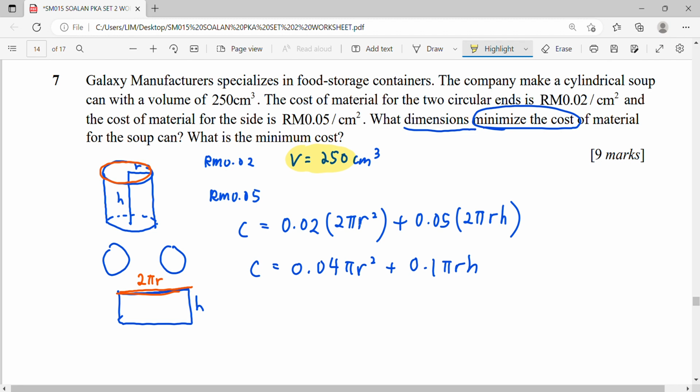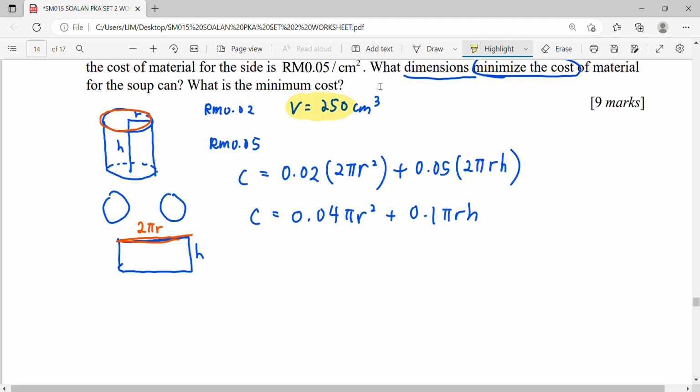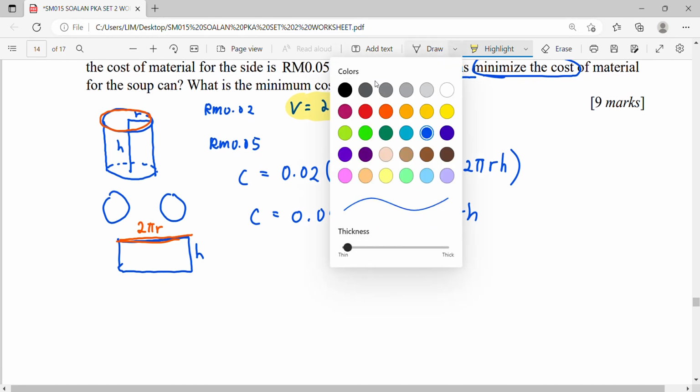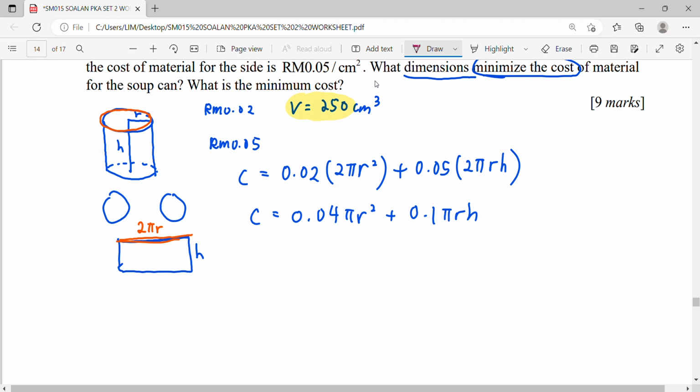The volume of the cylinder is pi r squared h, area of the circle times height. So this volume is 250.